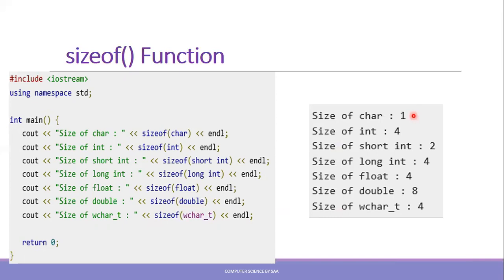Size of character is 1 byte in the memory, size of integer is 4 bytes, size of short int is 2 bytes, size of long integer is 4 bytes, size of float is 4 bytes, size of double is 8 bytes, and size of wchar_t is 4 bytes in the memory. So these are the different sizes of the data types that are reserved in the memory when this type of variable is created.